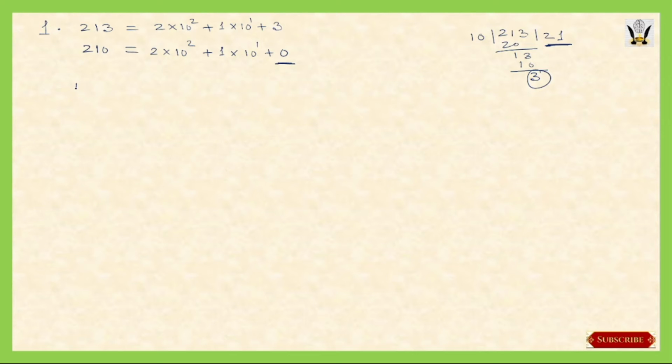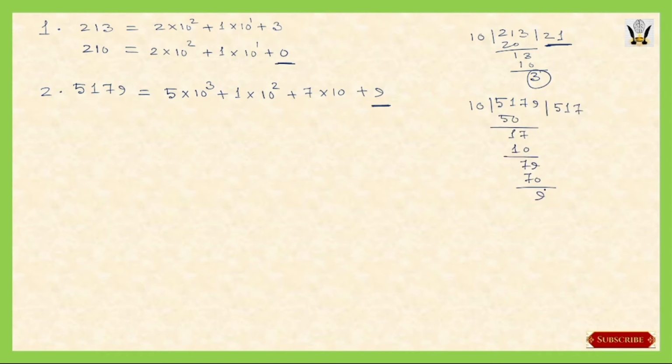Now let's take another example, 5179, this is our second example. It can be represented as 5 multiplied by 10 cube, then 1 multiplied by 10 square, then 7 multiplied by 10, then plus 9. So here we can see that at the units place we have 9. Now if we divide that number by 10, what result will we get?